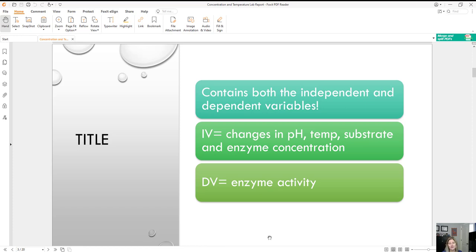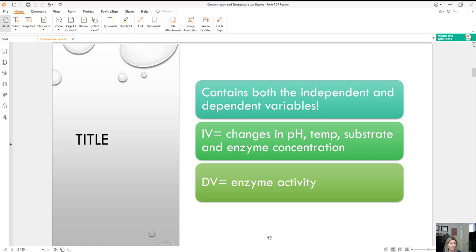The independent variables that we examined in these experiments were changes in pH, changes in temperature, which was a separate experiment, substrate concentration, a separate experiment, and enzyme concentration, a separate experiment. All 4 of those are considered independent variables within our lab report.